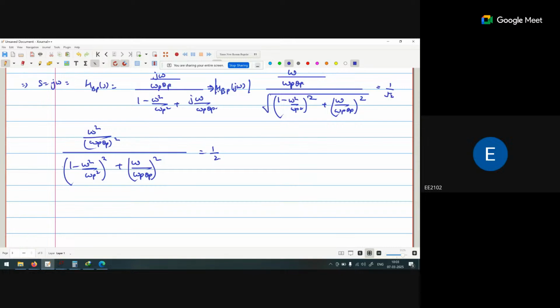I think they define ω² / ωp² as x, this term as x.